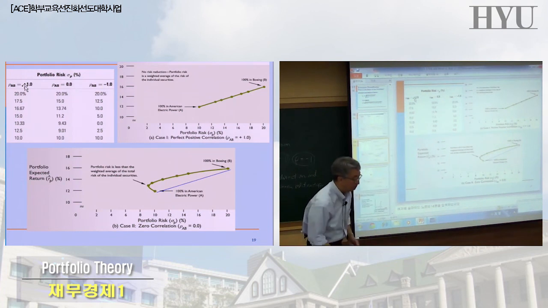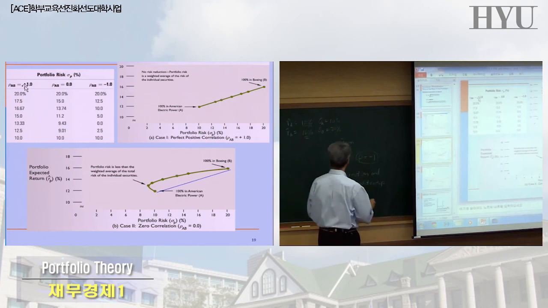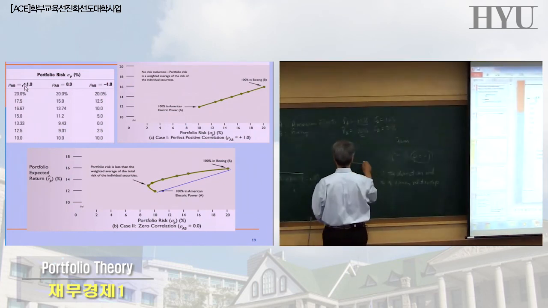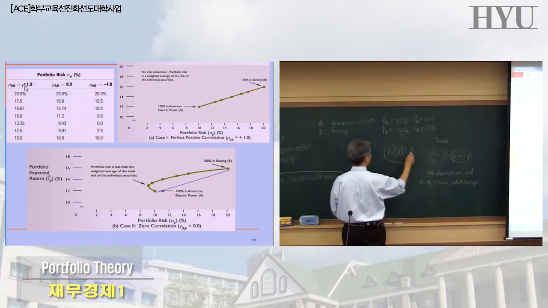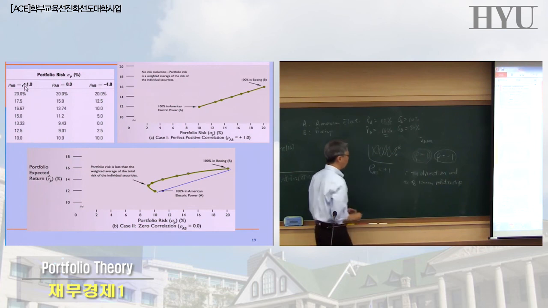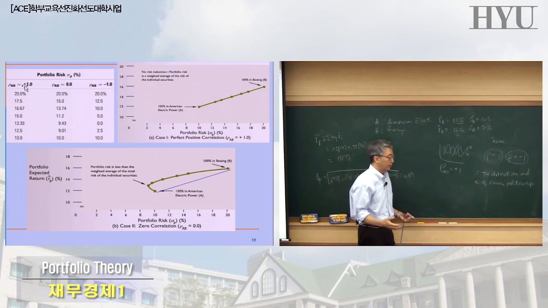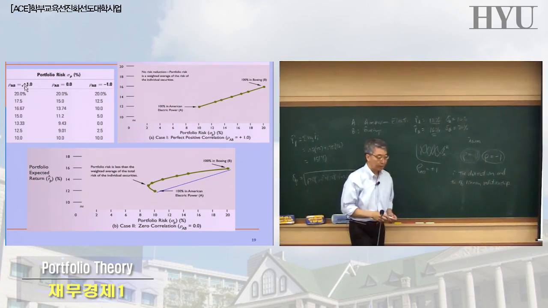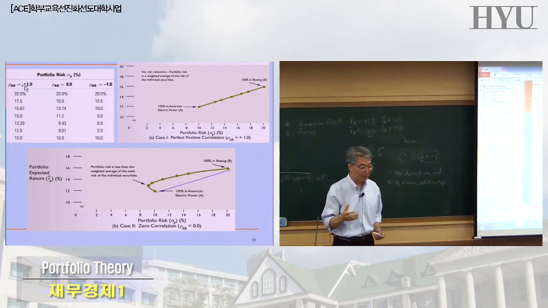I'm talking about this relationship between A and B, and we found out the correlation coefficient between A and B was exactly positive 1. What does that mean? What do you mean by perfect positive correlation?